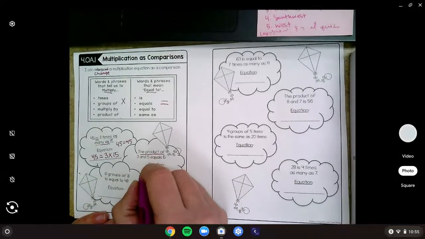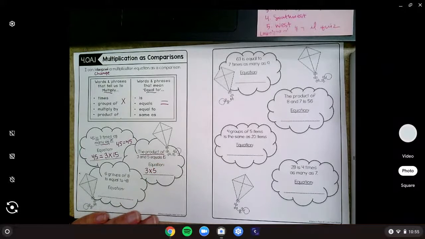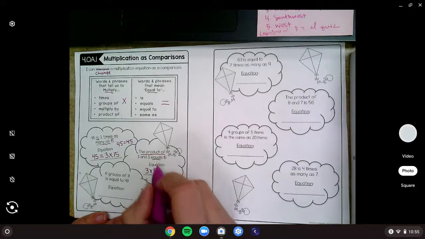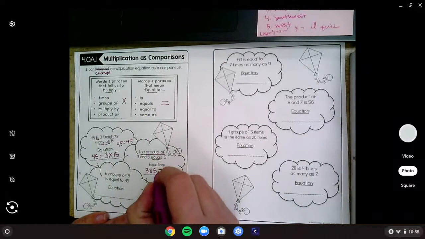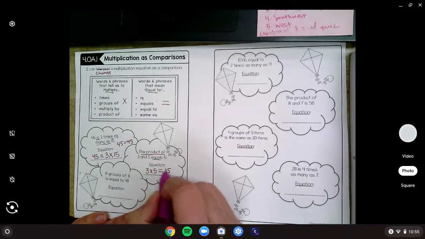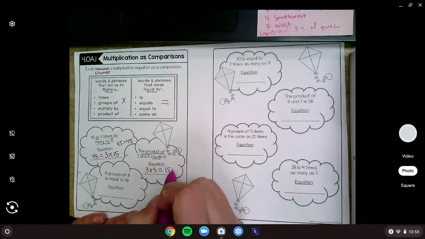Oh yeah, I can show 3 times 5. The product of means multiply. 3 times 5. Now my next word is equals. Well, that tells me I need an equal sign. And then the last part is 15. So I have 3 times 5 equals 15. Well, 3 times 5 does equal 15.